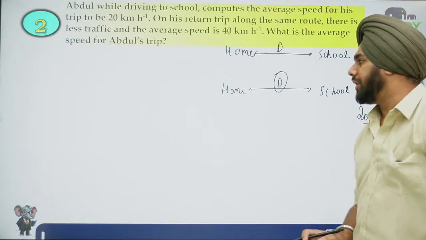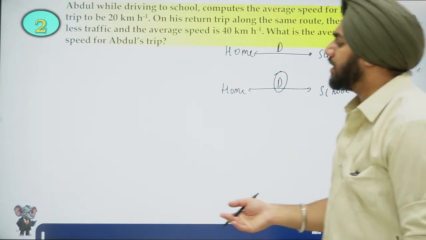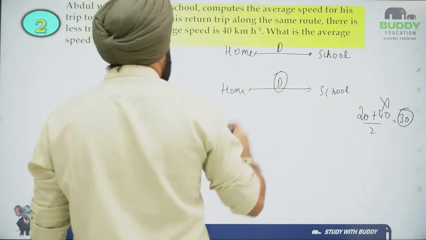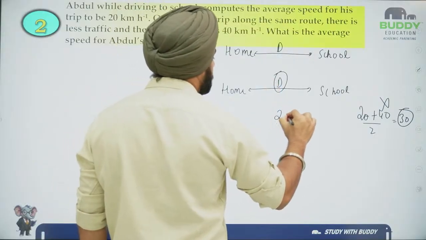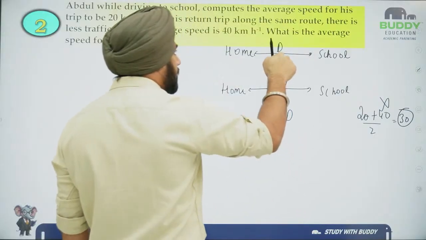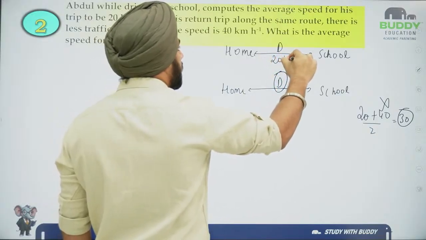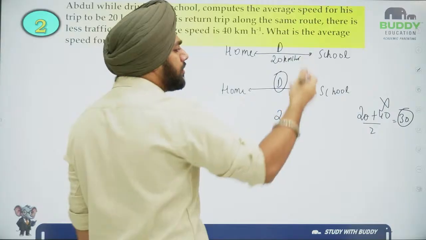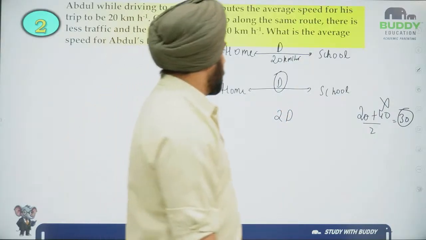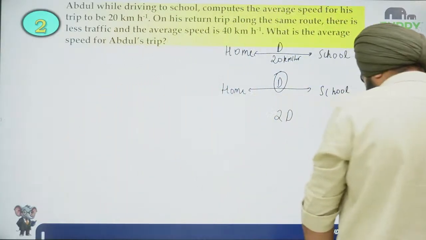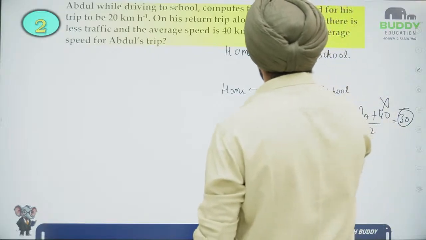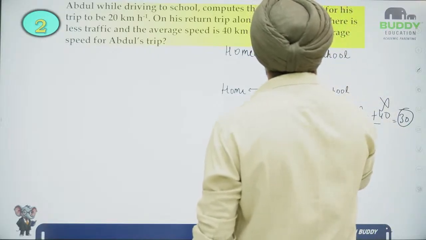Okay, getting my point? So total distance upon total time. When we talk about total distance, it is again 2d. For this distance, the speed was 20 kilometer per hour, right? So we can find out the time here. And for this distance it was 40 kilometer per hour, so we can find out the time here.